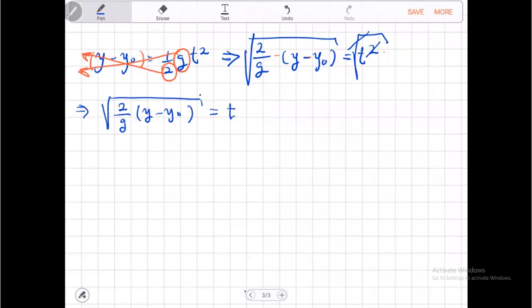The next step is replacing the numerical quantities into the equation.